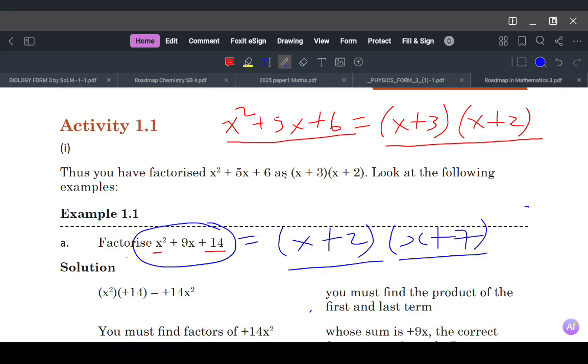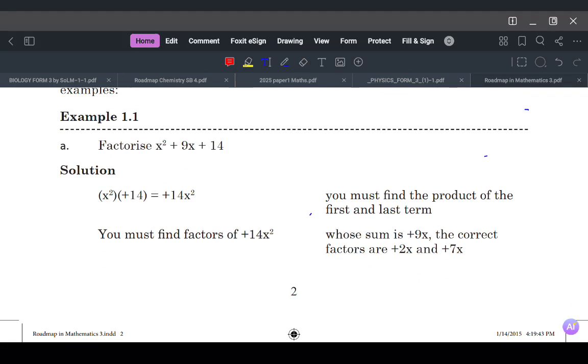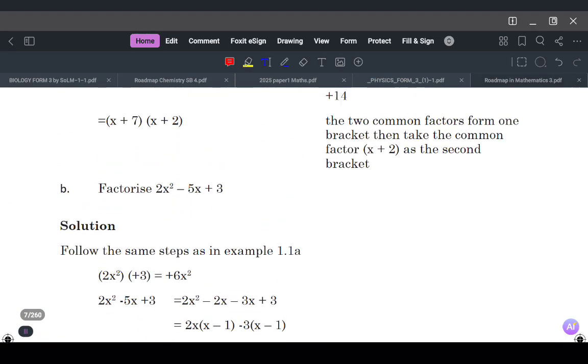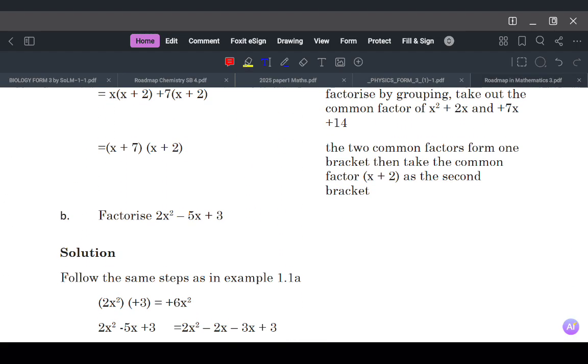All right, so the technique is the same. You can apply the same to factorize just any quadratic expression which is given. So basically that's the technique.